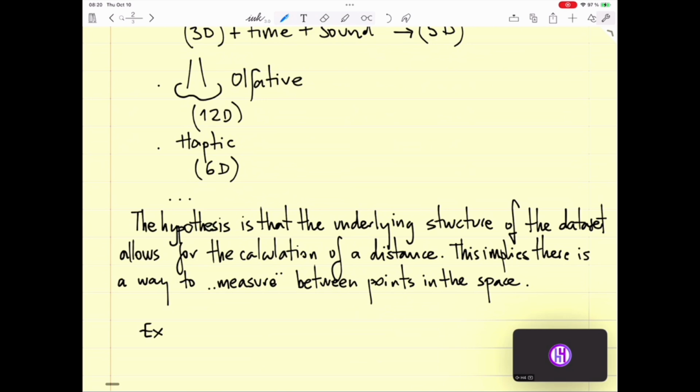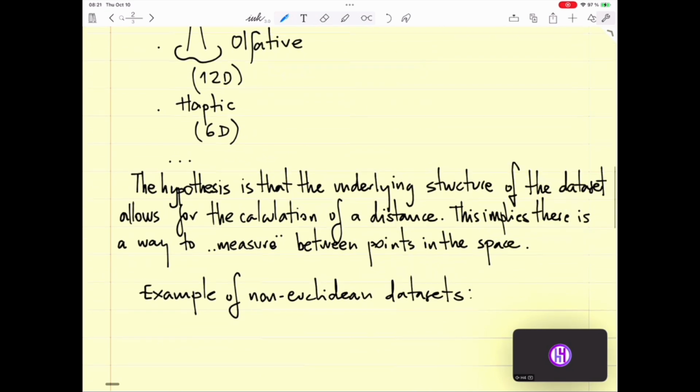So the paradigmatic example of non-Euclidean datasets are networks. And networks are everywhere. Think about it. You have a logistics team distributing parcels around a town.